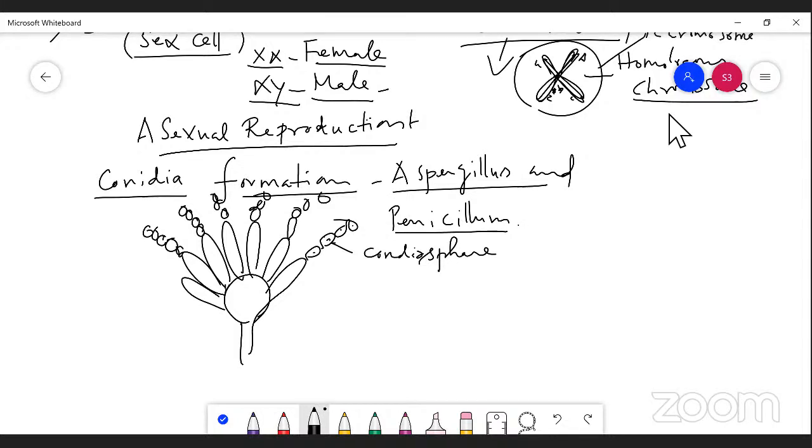Aspergillus and Penicillium are fungi, like mushrooms. Penicillium has a medicinal purpose.